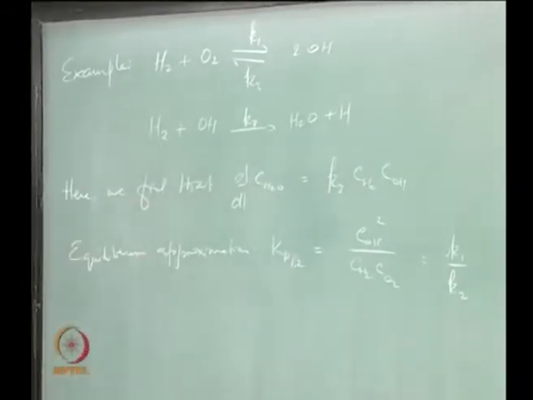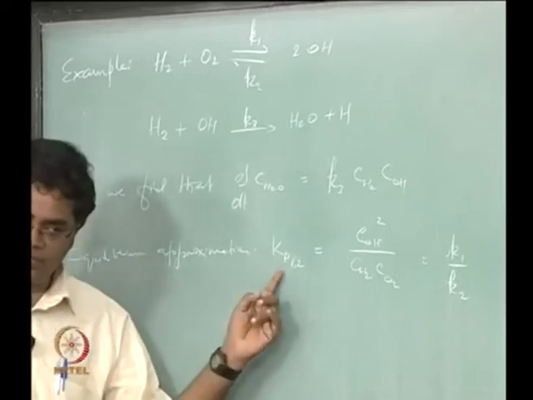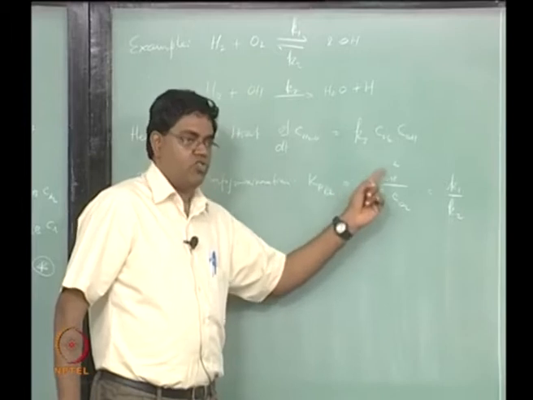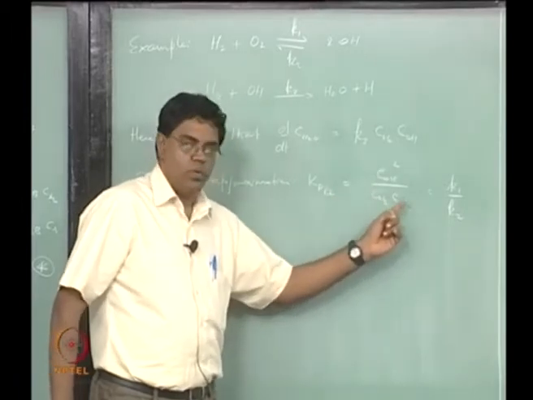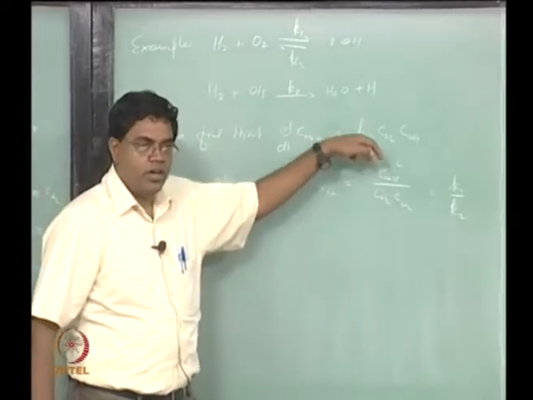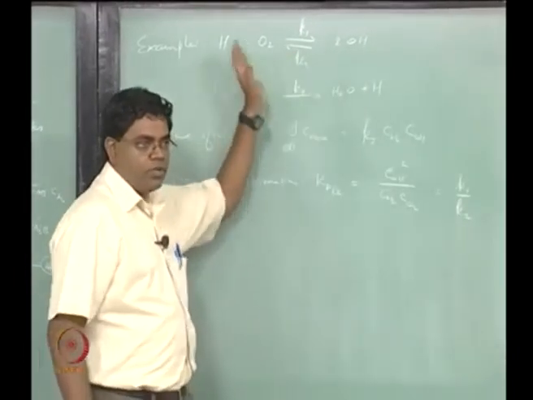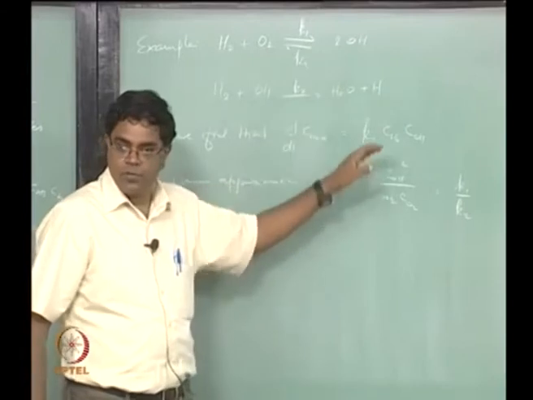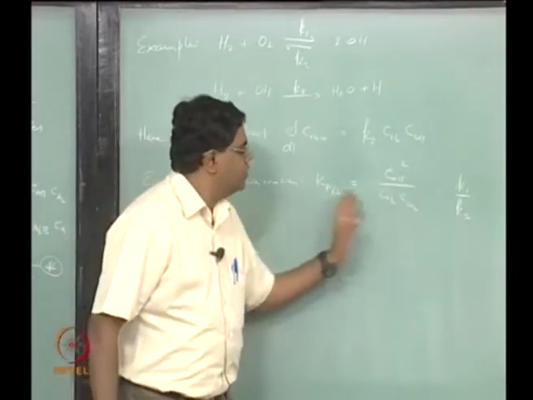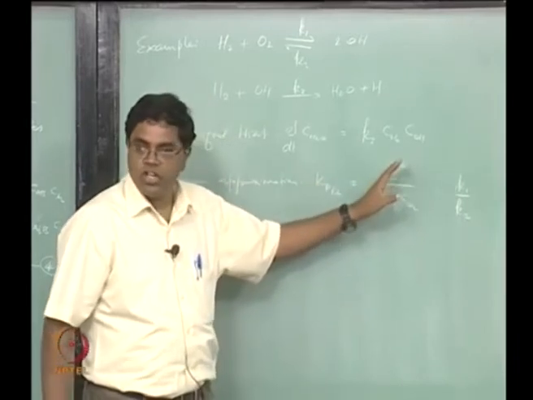Now keep in mind when you write Kp, strictly speaking we should be writing POH squared divided by PH2 PO2, okay. It just turns out that the molecularity is the same for both the forward and the reverse reaction, and therefore the total pressure gets cancelled out and you can write in terms of concentrations directly.